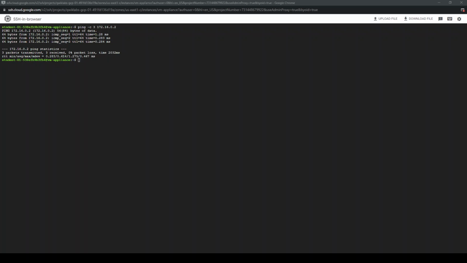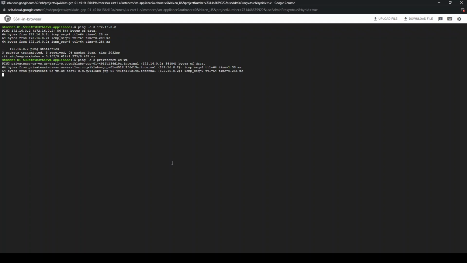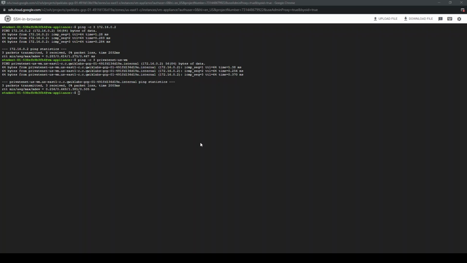Then I'm going to get the ping directly by the alias. Private net US, 0 packet loss. I'll get the. So first I get this IP address, and after I get the alias.